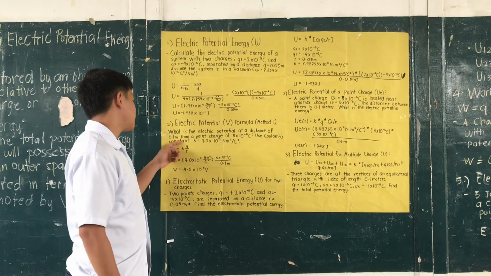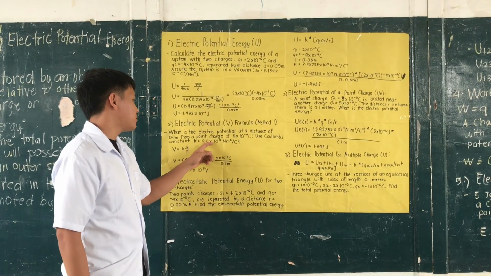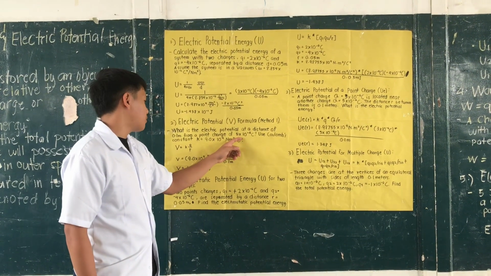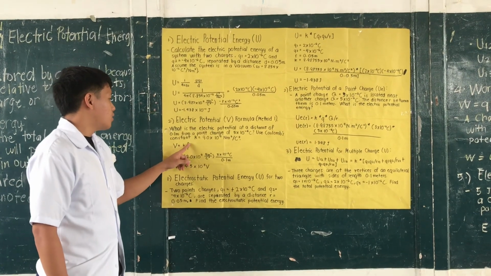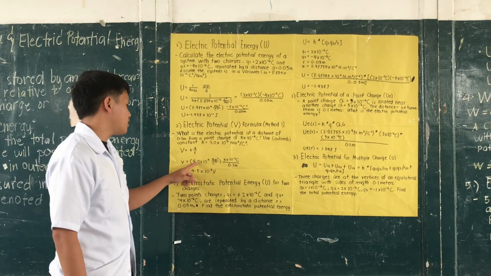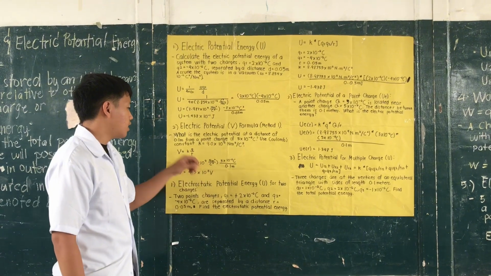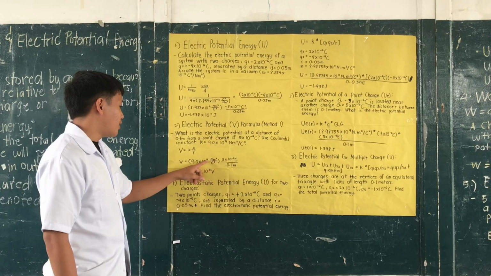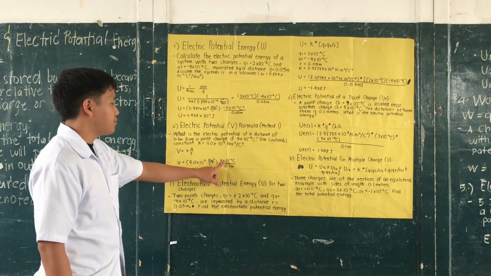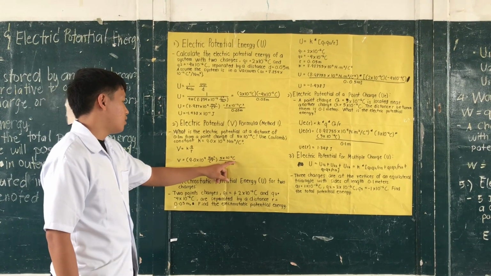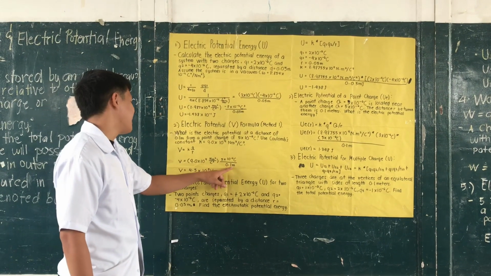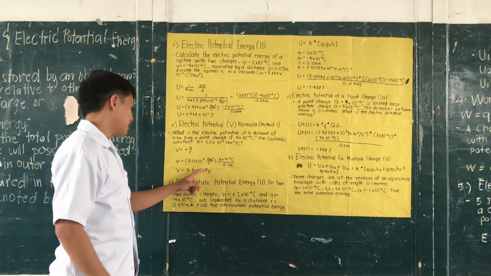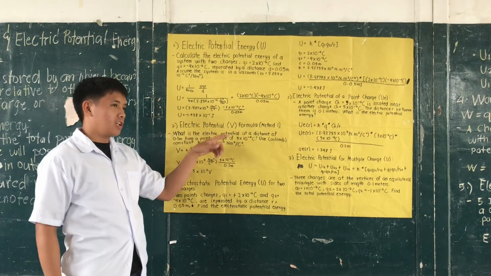Use Coulomb's constant K equals 9.0 times 10 to the power of 9 newton meter squared over coulomb squared. V equals K Q over R. V equals 9.0 times 10 to the power of 9 newton meter squared over coulomb squared, times 5 times 10 to the power of -6 coulomb over 0.1 meter. V equals 4.5 times 10 to the power of 5 volts. Electric potential V.